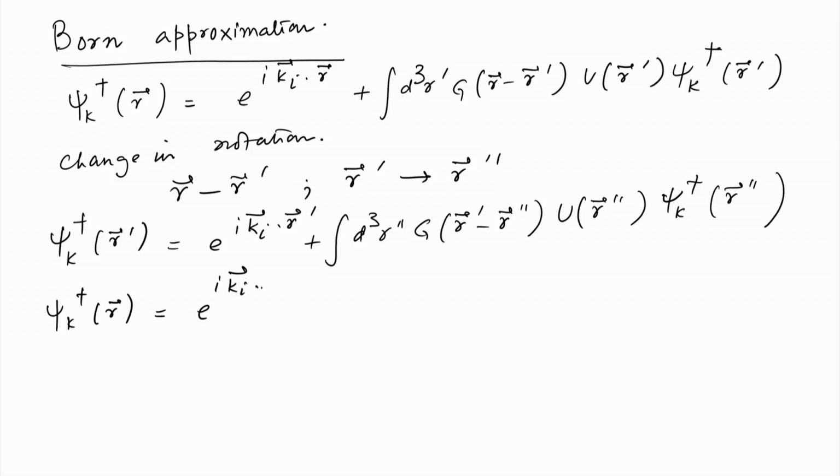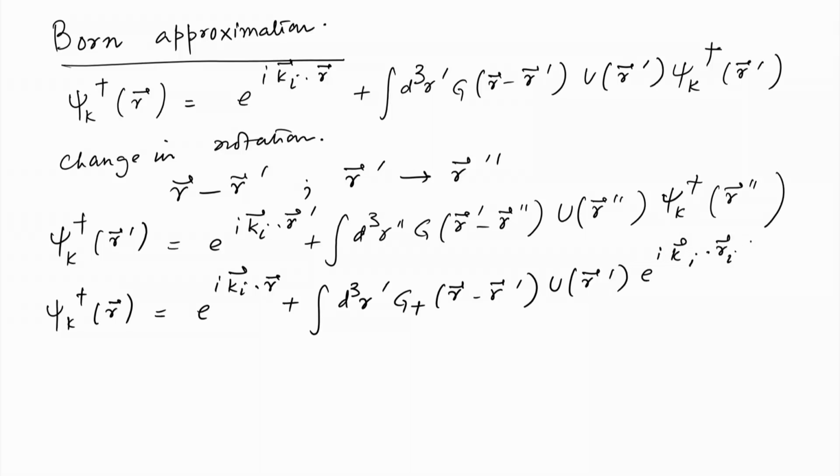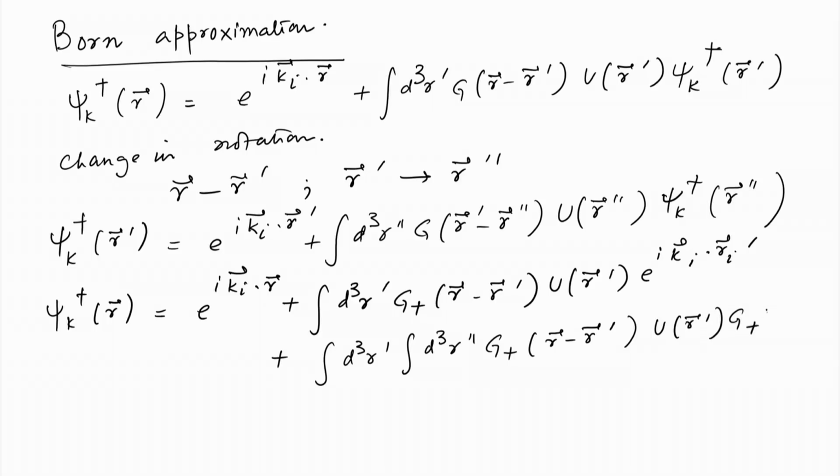So, it is exponential i k_i dot r, that is the part of the incident wave itself, plus the integral d cube r prime G^+(r minus r prime) u(r prime) exponential i k_i dot r prime, plus the integral d cube r prime d cube r double prime G^+(r minus r prime) u(r prime) G^+(r prime minus r double prime) u(r double prime) psi_k(r double prime), and so on.